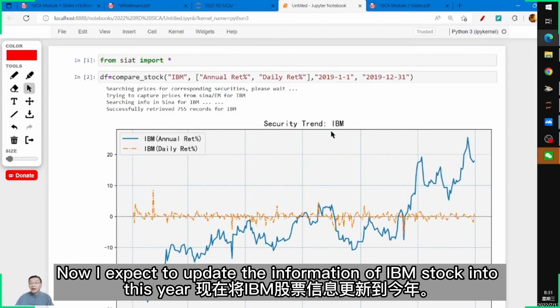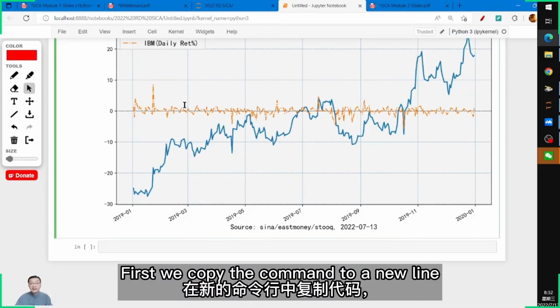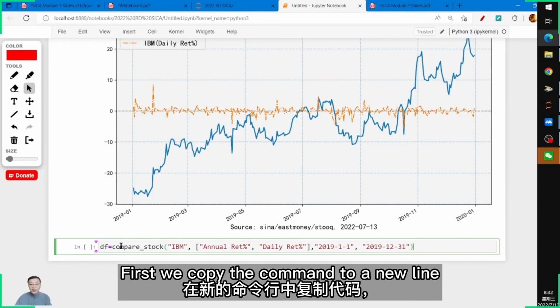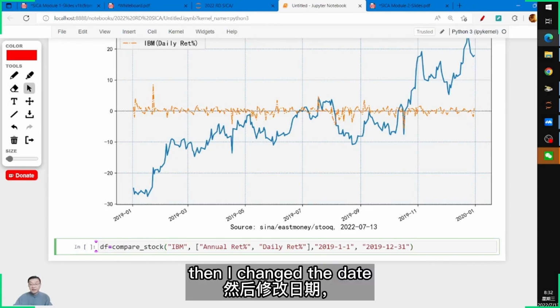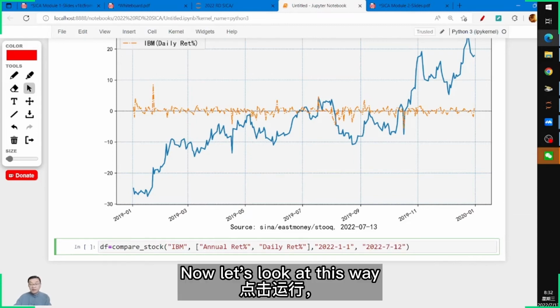Now, I expect to update the information of IBM stock into this year. First, we copy the command to a new line. Then I change the date to 2022. Here we have July. Here we have 12. Now let's look at this way.